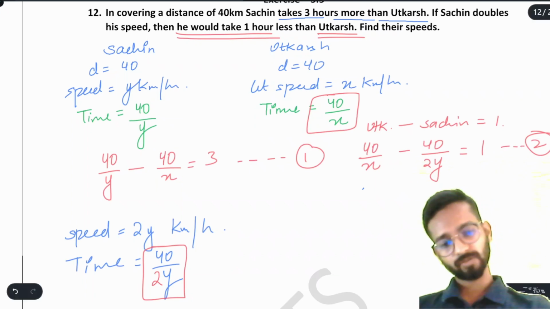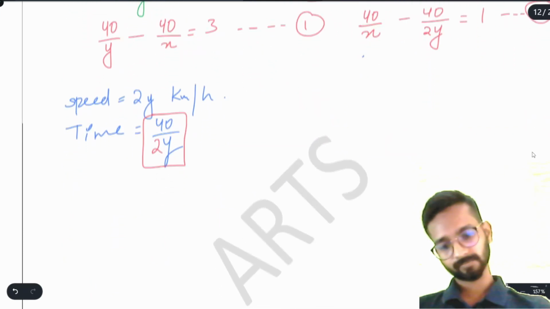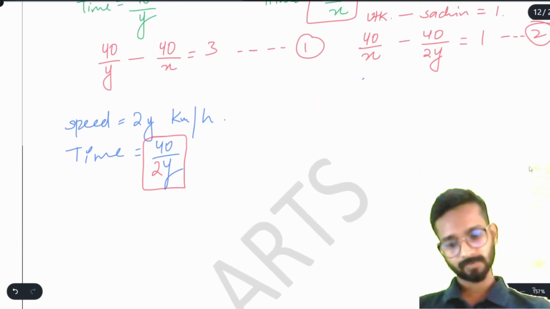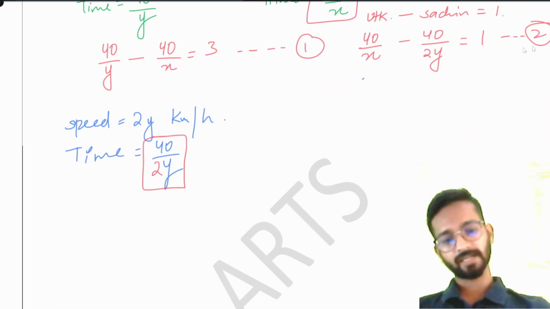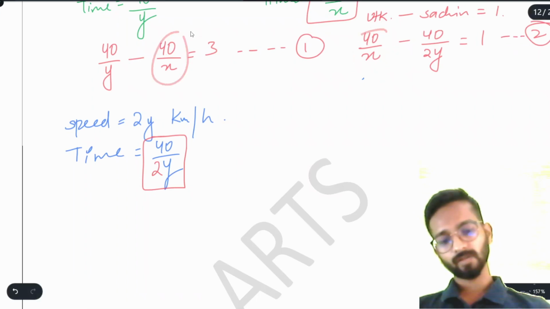Now solving these two equations, we can say here, see, if you can just focus, please see very carefully. First equation has minus 40 by x, second equation has plus 40 by x. Okay, what can we write?